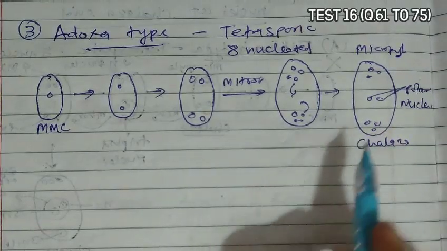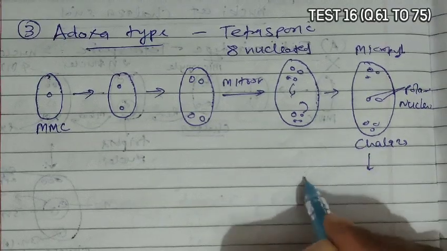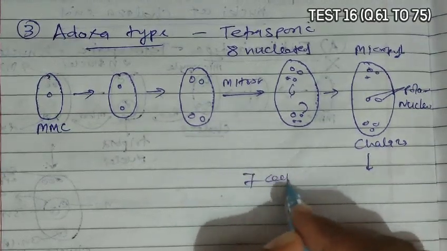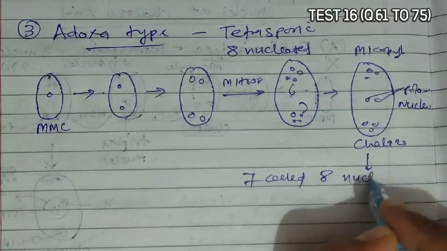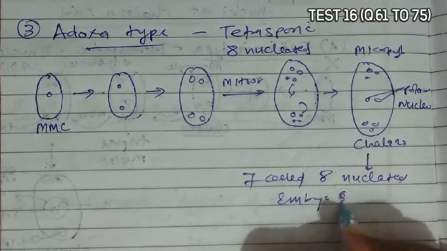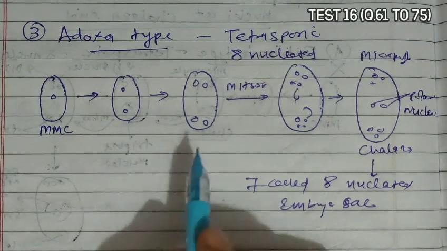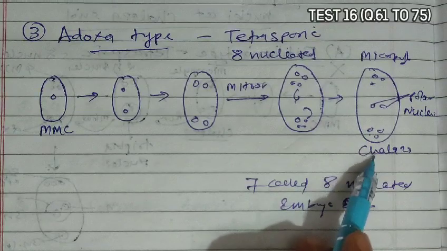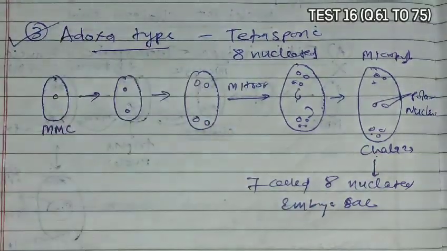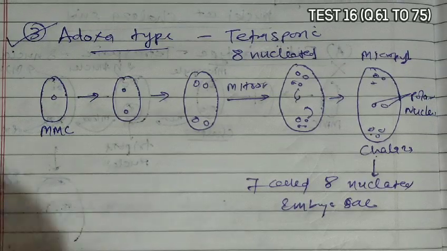So here there is no fusion of nuclei at the chalaza end, and this will give rise to the 7 cell 8 nucleated embryo sac. So in case of Adoxa type there is no formation of triploid nucleus at the chalaza end, so 3 is the correct answer. 3 is the correct answer, that is Adoxa type.